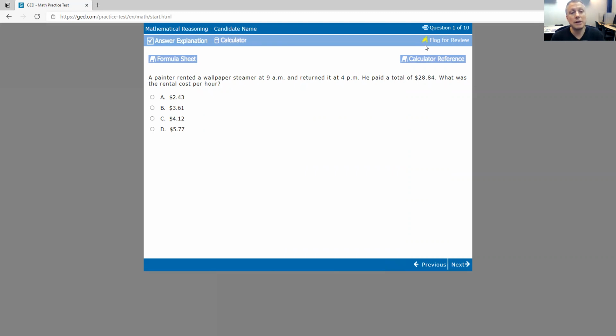And so you can use that remaining time at the end to actually go back to those questions that you skipped and then do them, right? So that's the flag for review, formula sheet always there, and the calculator is there when we're able to use it.